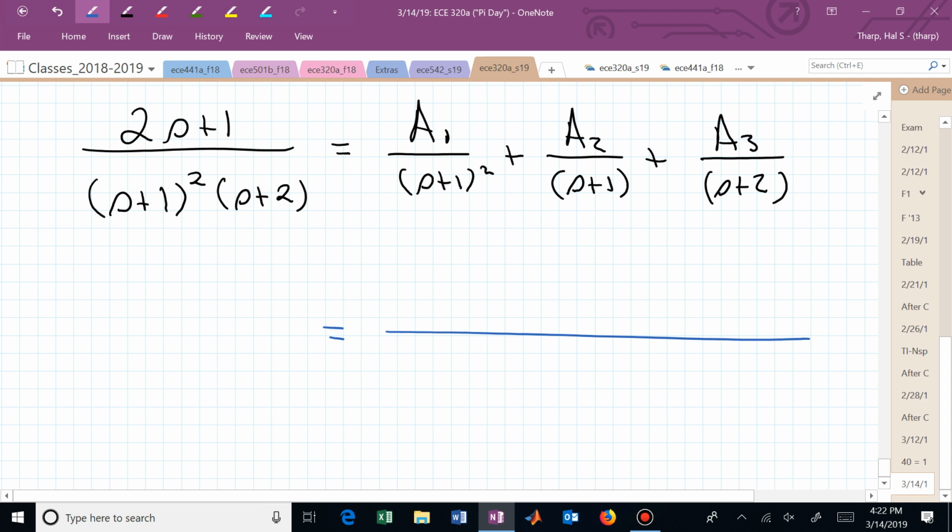Now we put them back together, meaning we put this downstairs. And what happens if we now put that first A1 on top of this denominator? To make it equal, the top line has to equal the bottom line. We have to multiply A1 by S plus 2.